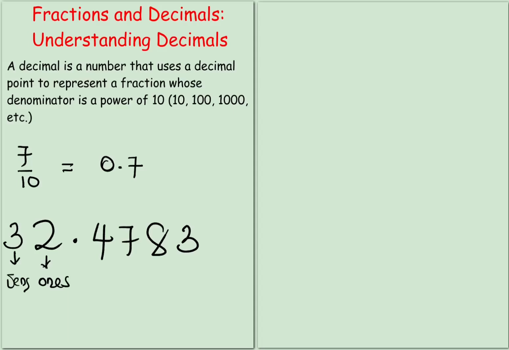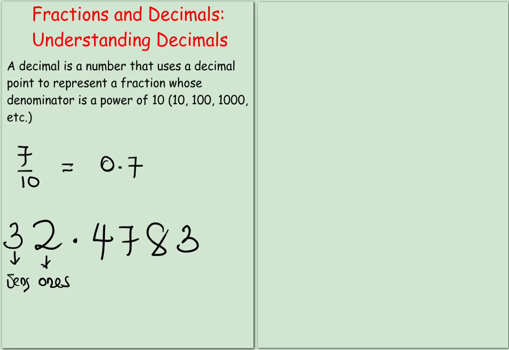But if it comes to the decimal part, we call this here the decimal point. Take note, that is the decimal point, and then it's very obvious, as you know. But the first digit that comes after the decimal point, we call it the tenth.